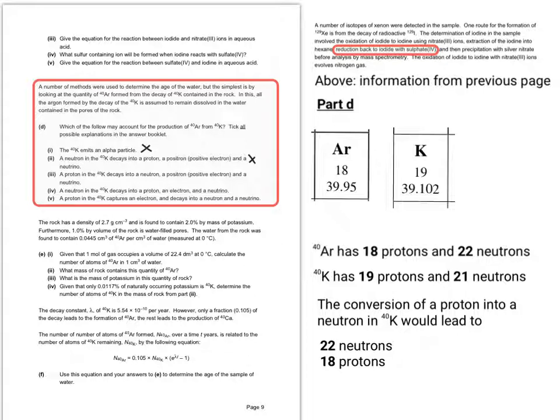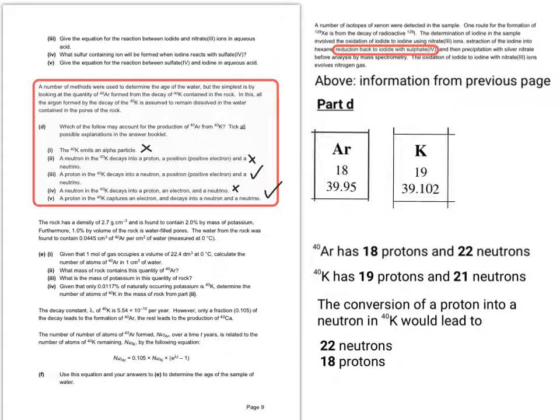However, the conversion of a proton into a neutron in potassium-40 would lead to 22 neutrons and 18 protons, so therefore that could account for the conversion they're talking about. So the fourth statement has the same effect as the second statement, so that can't be right either. The fifth statement has the same effect as the third statement, so that must be right as well.